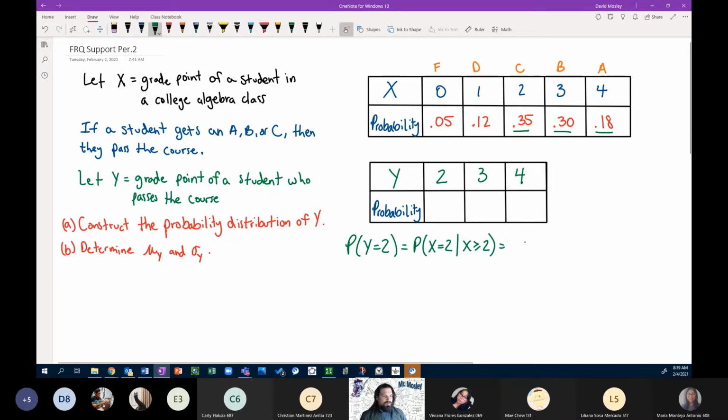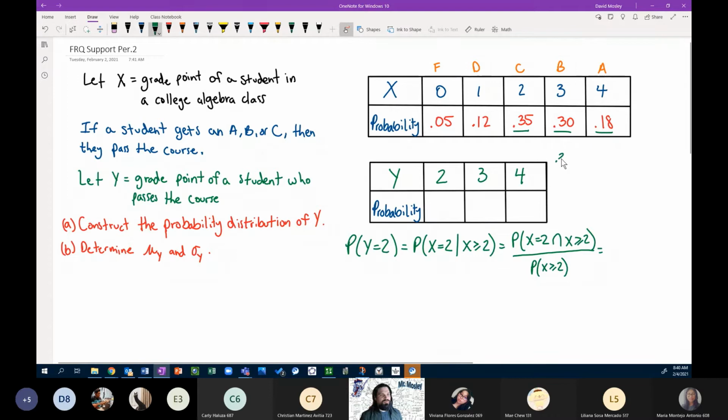And from our previous chapters, we know that this probability is equal to the probability of X equaling 2 and X being greater than or equal to 2, divided by the probability of X being greater than or equal to 2. Now, the probability of X being greater than or equal to 2 is these 3 probabilities from our original probability distribution, for 2, 3, or 4.